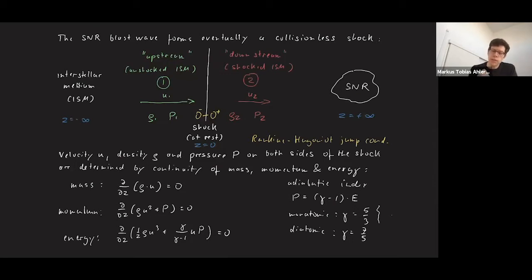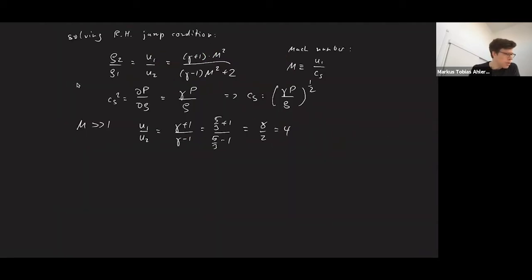The supernova remnant is infinitely far away. And also here, the interstellar medium is infinitely far away on the left-hand side. And we can now look for the phase space density of cosmic rays in the vicinity of the shock.